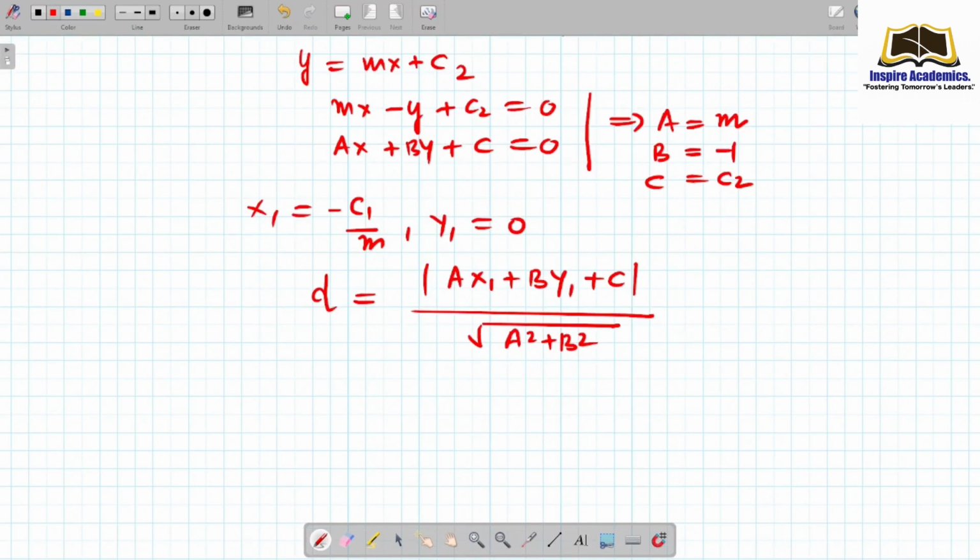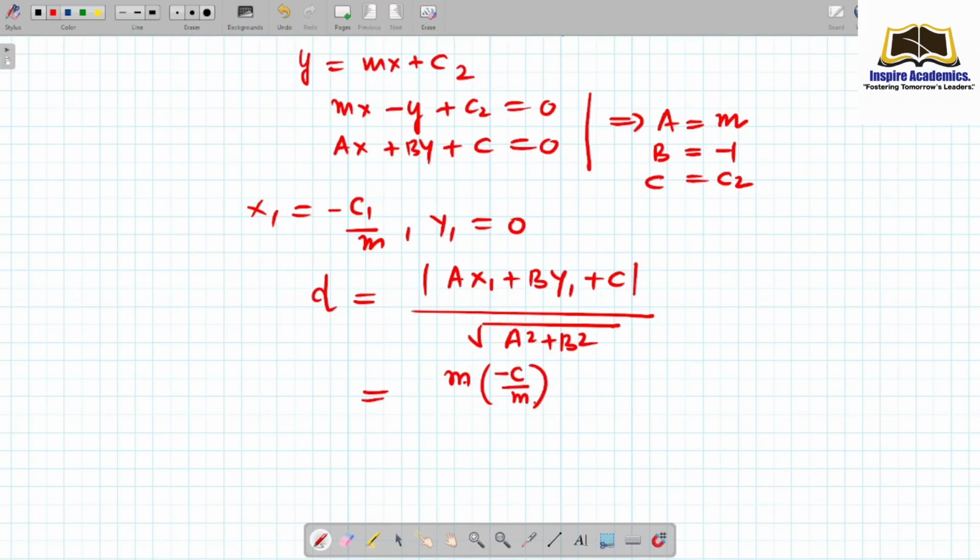Clear or not? Yes. So put the values. So we will have a means m, and then x1 is negative c upon m.